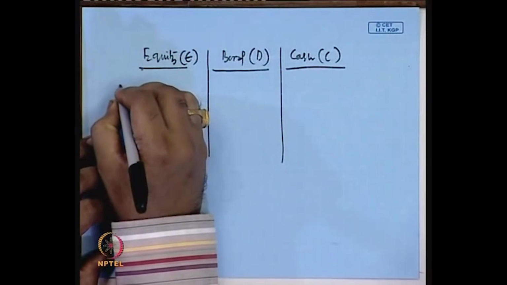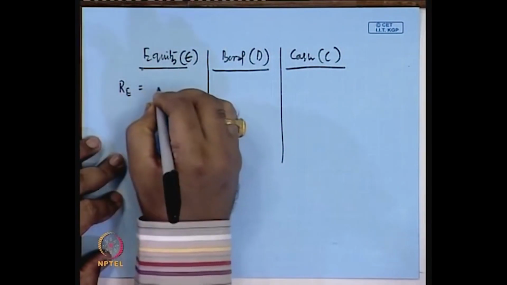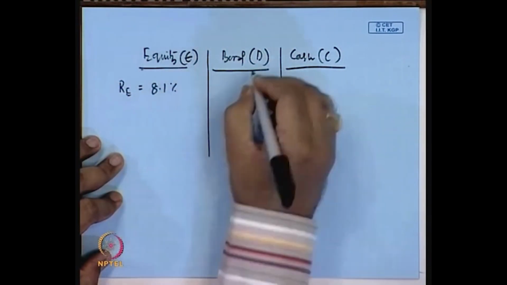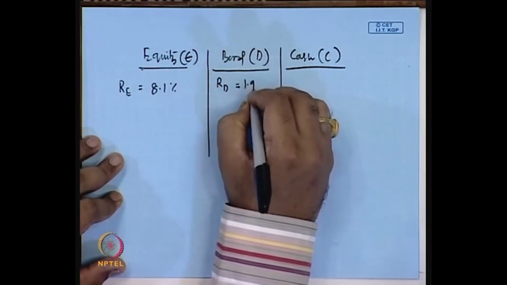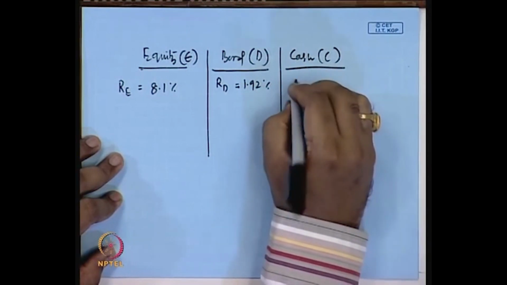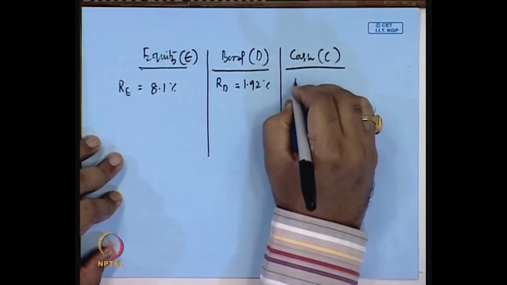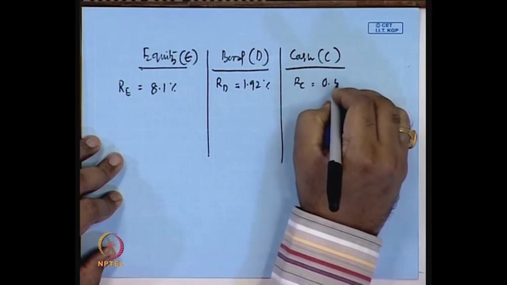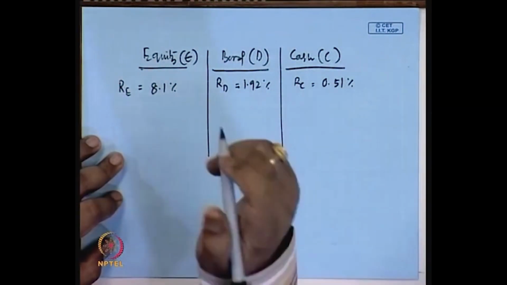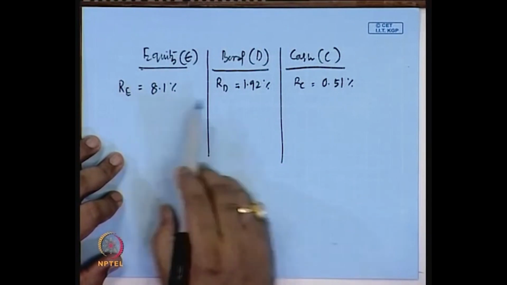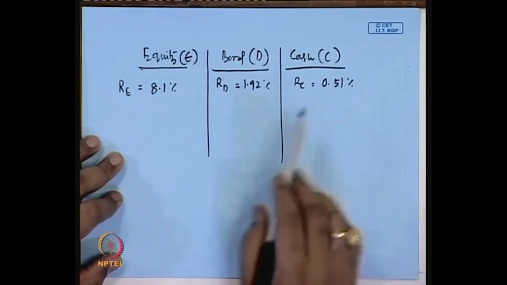And here, whenever we calculate it, we found the return from the equity is 8.1%, the RD is basically 1.92%, and the cash we have taken is the same, your RC is equal to 0.51%. The benchmark index has invested 50%, 35%, 15%.